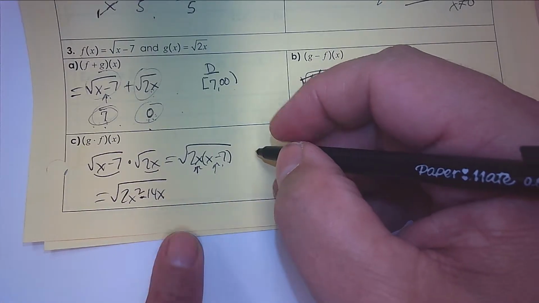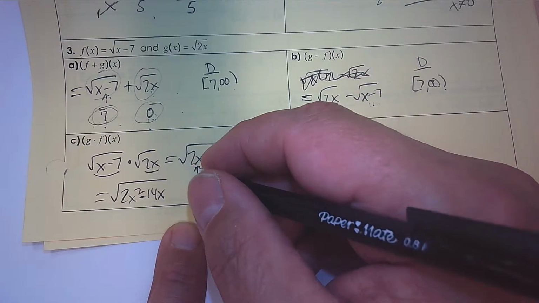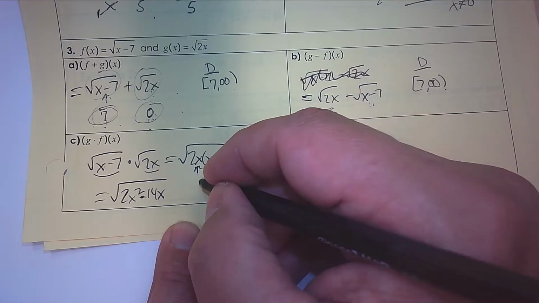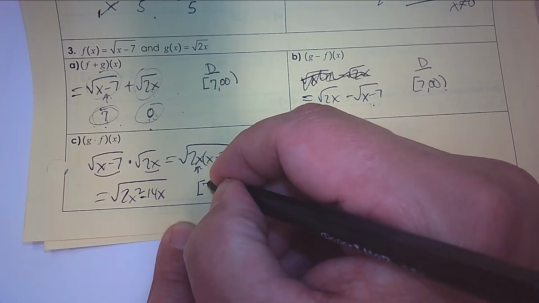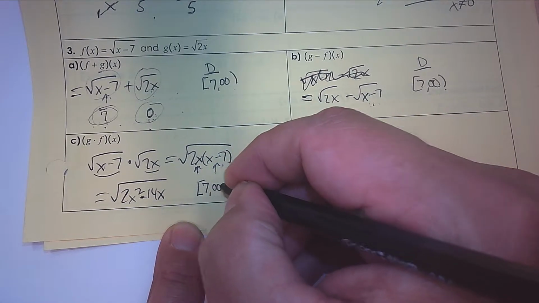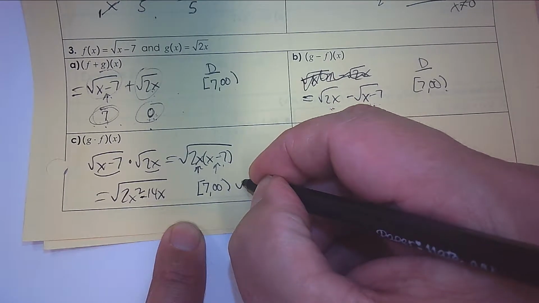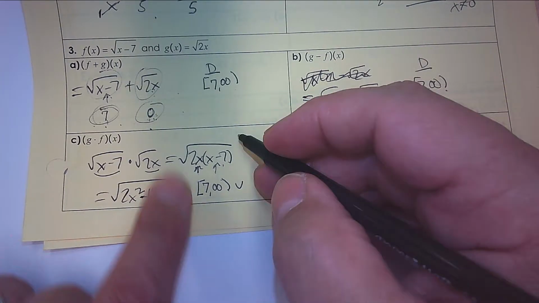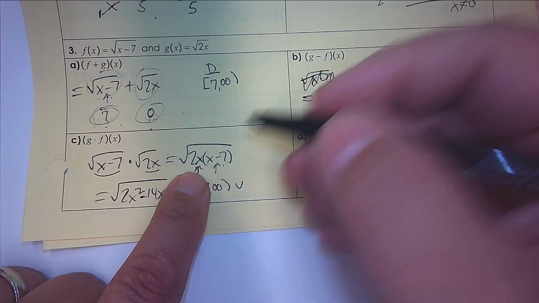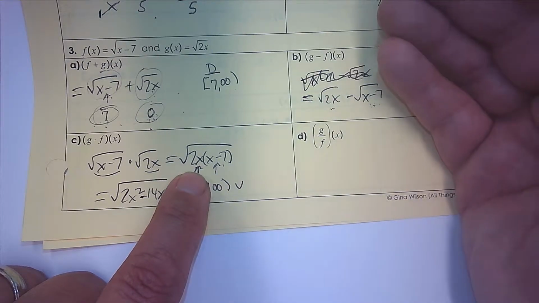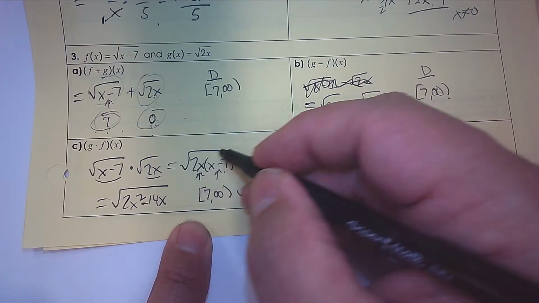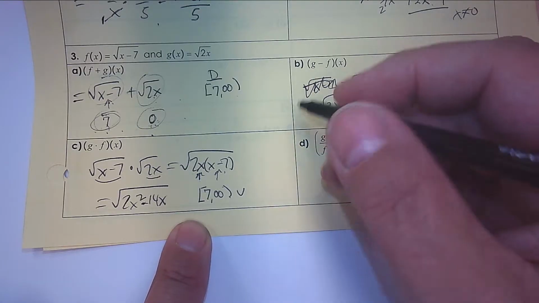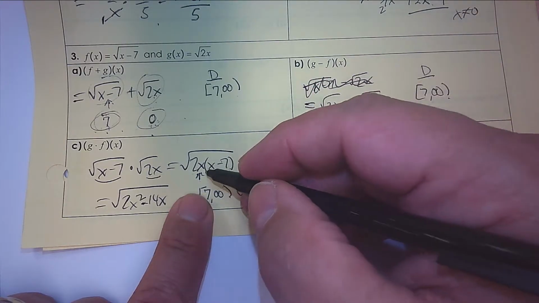There's actually two parts to this, and in the answer key it doesn't show both parts. So one part is definitely it goes from 7 to infinity. But there's another part also, and that part is if both are negative, that again would make a negative times a negative, which would allow this to happen. So the second part is when are they both negative.